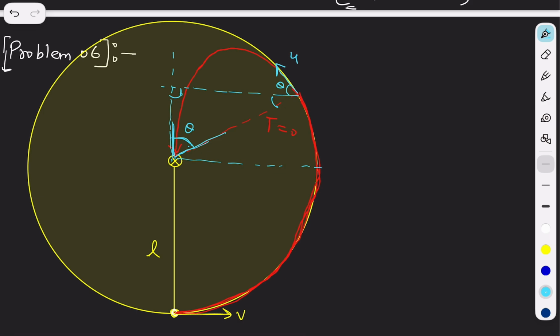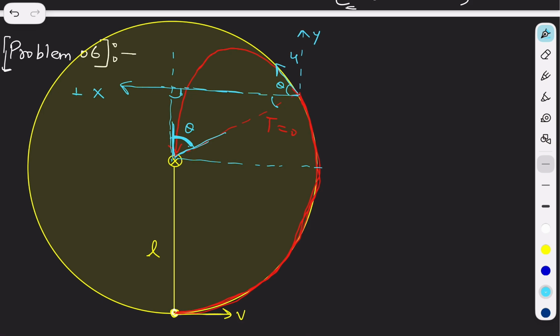So here I have taken this angle as theta, and this I am taking as our y-axis, and this as our x-axis. Now we want to find out where the particle goes, at the point where the peg is. This is our plus x-axis, and this is our plus y-axis.